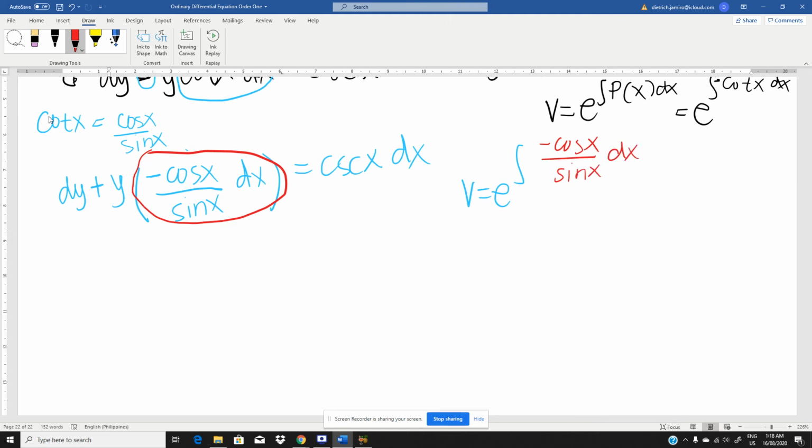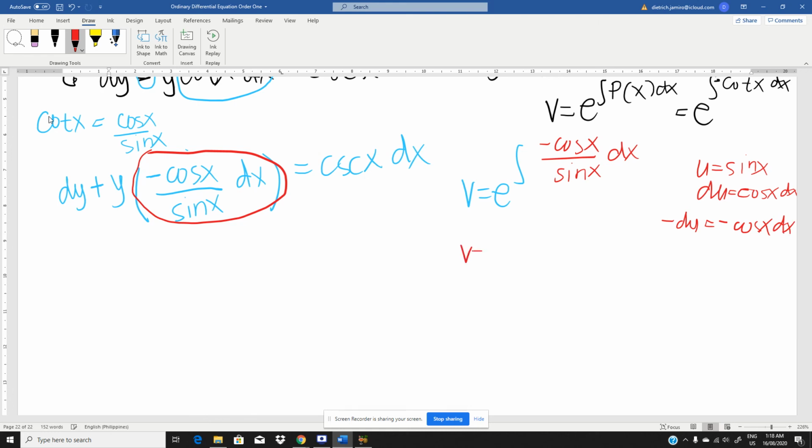Then, to integrate this one, I will let u be equivalent to sine of x, then du is equivalent to cosine of x dx. We know that in our numerator, we have negative cosine of x. So multiplying both sides of the equation by negative 1, we will have negative du is equal to negative cosine of x dx.